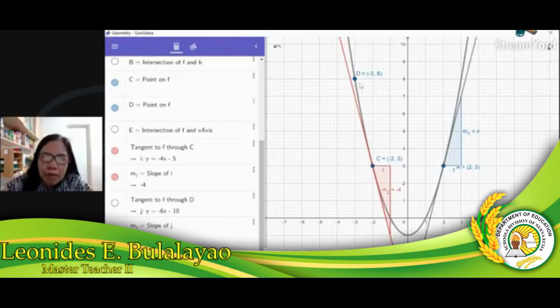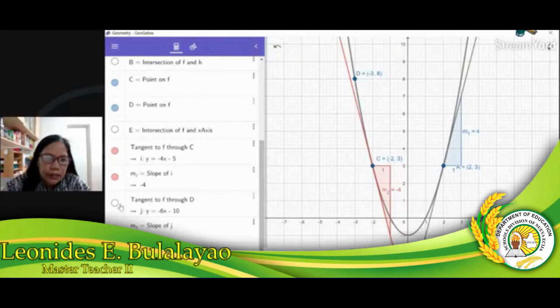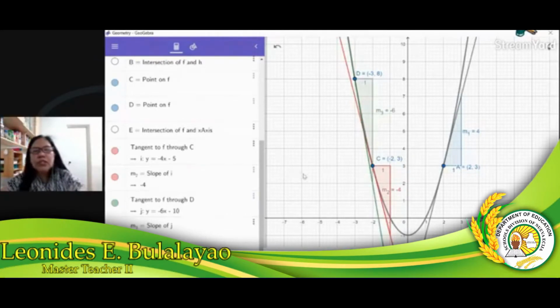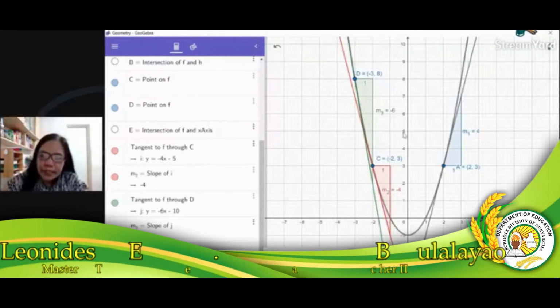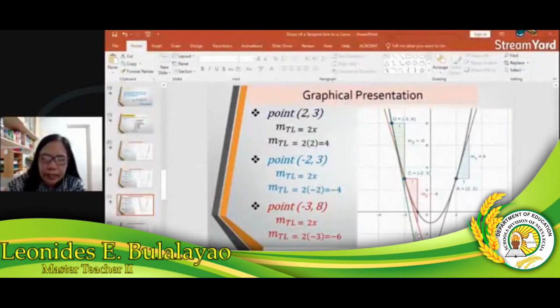And then if we have a tangent line at point (-3, 8), the green one, let's take the slope. The slope is negative 6. So our slope is correct.